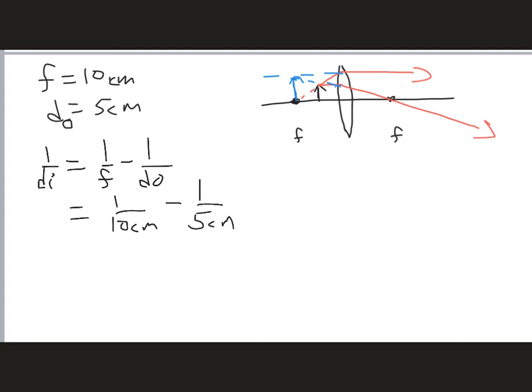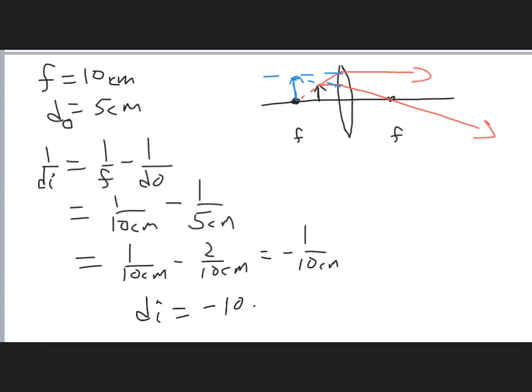If I get a common denominator of 10, that's going to be 1 over 10 minus 2 over 10, and that gives me minus 1 over 10 centimeters, and that is 1 over the image distance. So if I flip that, I get that my image distance, di, is equal to minus 10 centimeters.